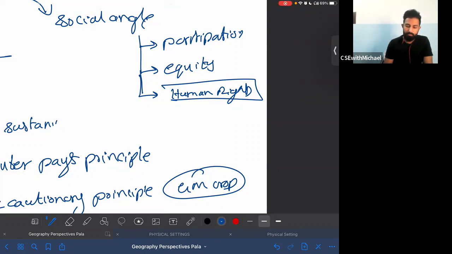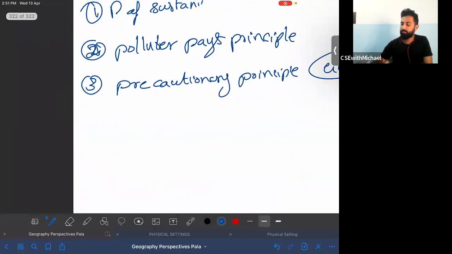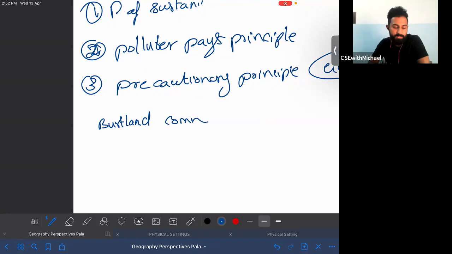The Brundtland Commission of 1980 has defined sustainable development as development that meets the needs of the present without compromising the ability of future generations to meet their own needs, right?